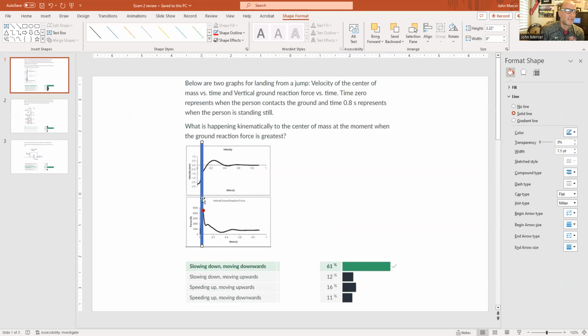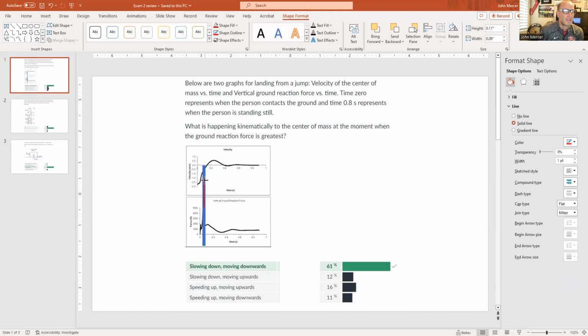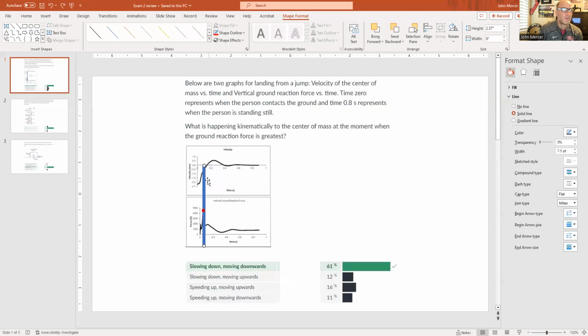All right, and that is the highest point on the ground reaction force. And now we're in this region of the velocity plot. Everything's lined up in time. All right, and so now the question really becomes, what is happening kinematically at this point right here?